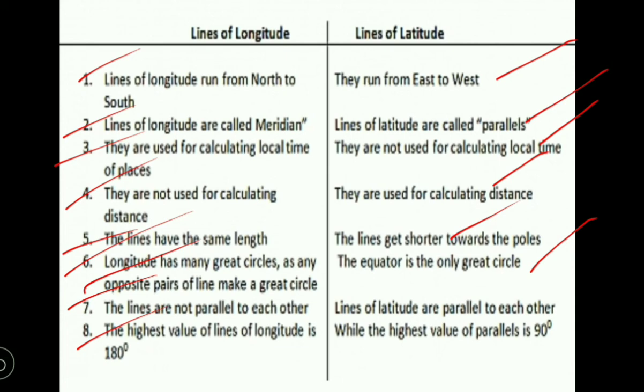Towards the pole, the latitude measurements decrease. Lines of latitude are parallel to each other and never meet each other, but in longitude, the lines meet at one point at the North and South Poles. The highest value of the parallels is 90 degrees.